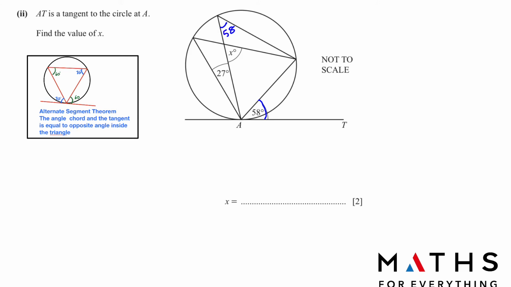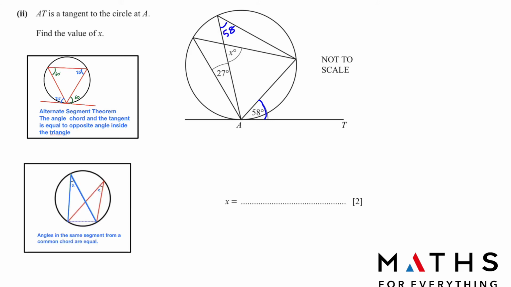That's the first rule. The second rule is angles in the same segment from a common chord are equal. So this is a common chord and you have one angle from here and one angle here, this one. So this is 58.